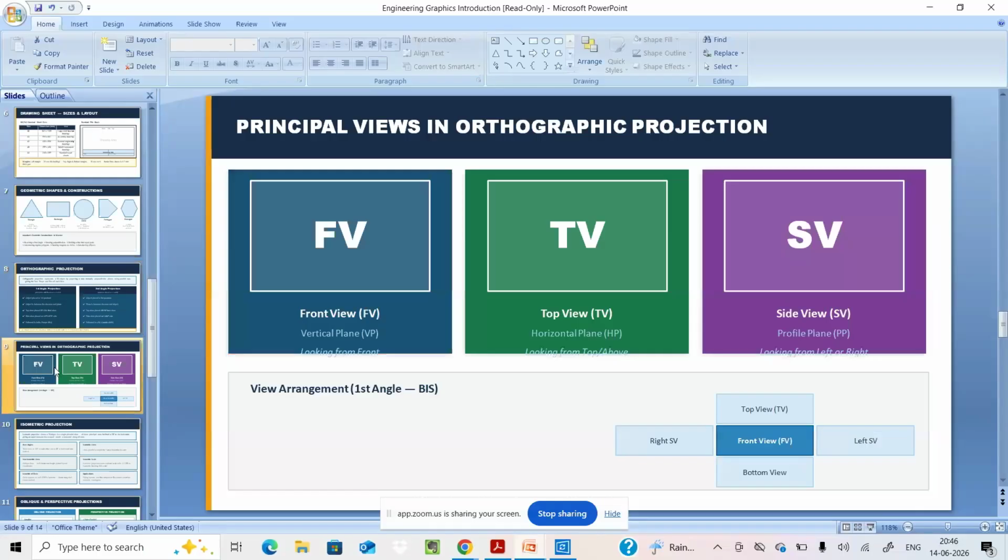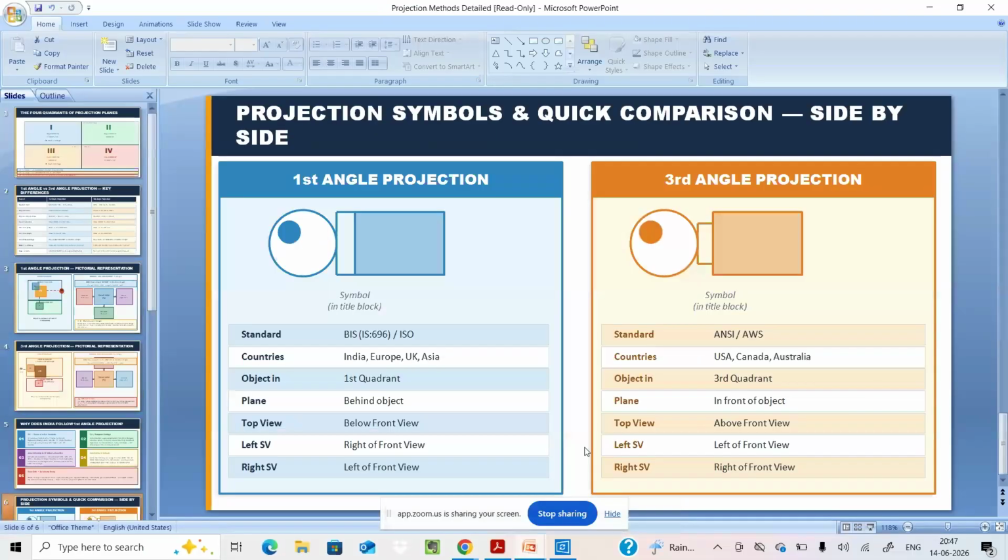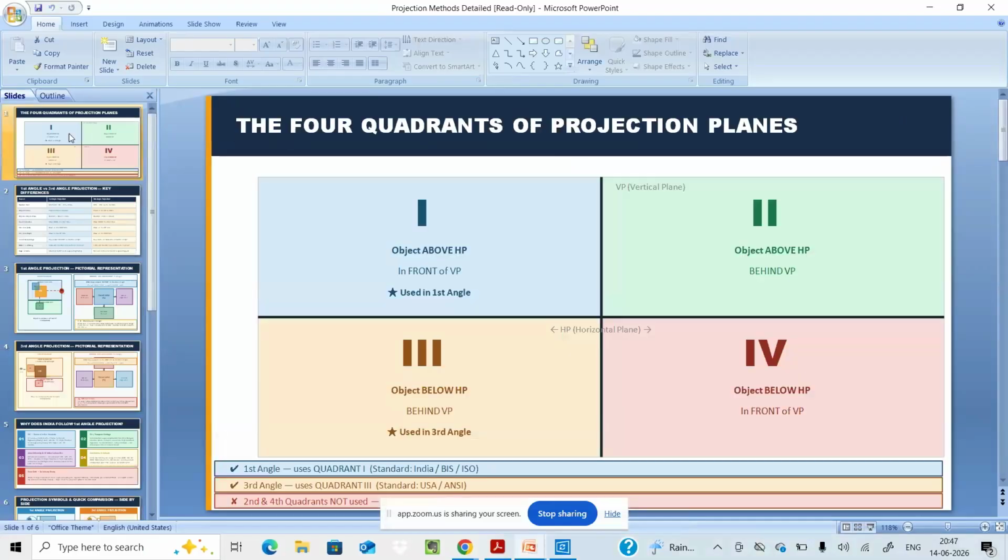These are the only things: front view, top view and side view. If you see here, these are the different views. Based on the projections, I'll go to the other side for the projection purpose alone. So there are four quadrants: the first quadrant, second quadrant, third quadrant and fourth quadrant.